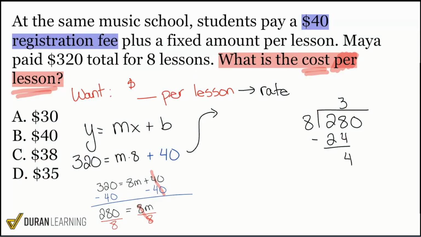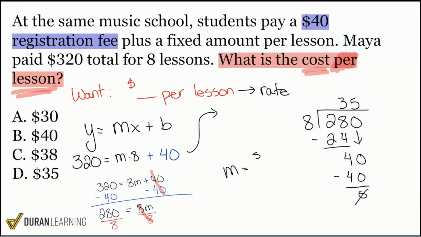And we have 4 left over. Drop that 0. Now we ask, 8 goes into 40 how many times? That will be a clean 5 times. So we subtract the 40 to show that there is no remainder. And we're good. There is m.